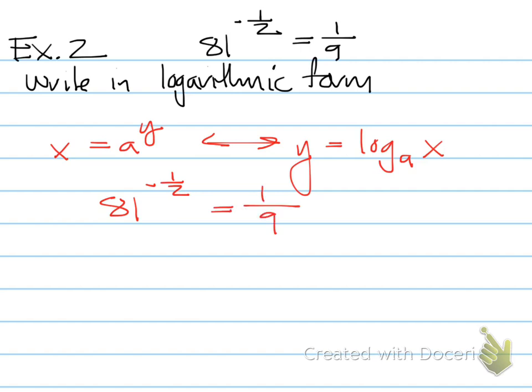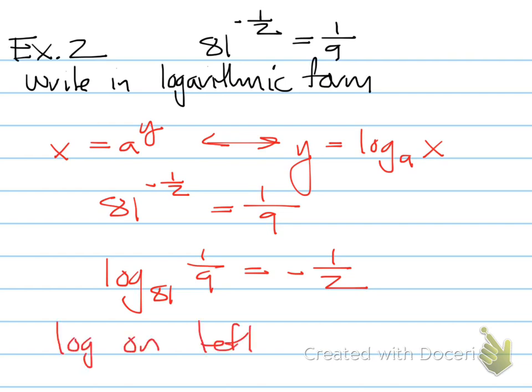So we've got 81 to the negative 1/2 power equals 1/9, so 81 will be the base of the logarithm. And then flip the 1/9 and the negative 1/2. So 1/9 goes to the left side of the equation, and the negative 1/2 goes to the right side. Again, write the logarithm on the left side.